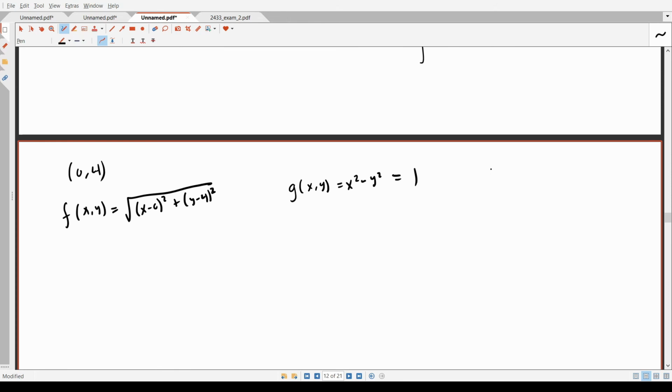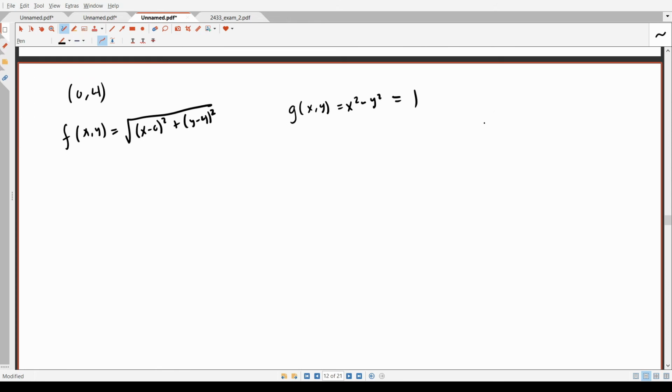Okay, so we use Lagrange multipliers. So we have that the gradient of f equals lambda times the gradient of g. So we compute the gradient of each of these. Let me rewrite this. This is going to be the square root of x squared plus (y minus 4) squared.